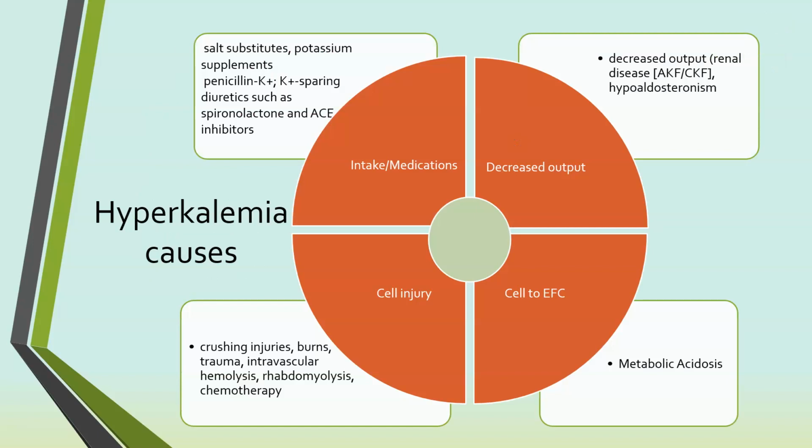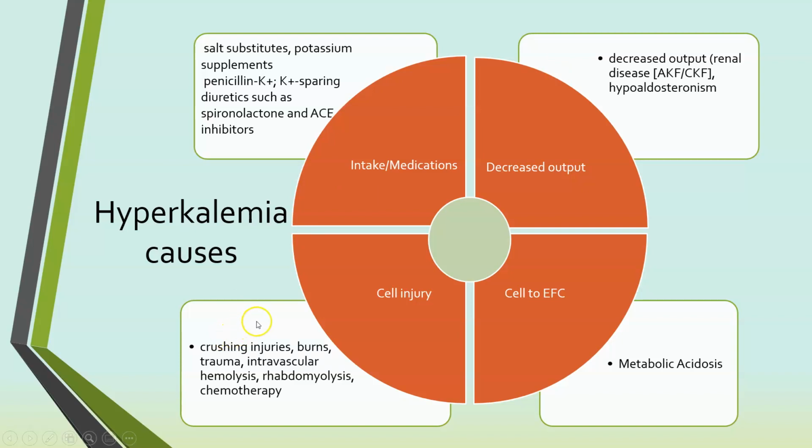Causes: intake of medications. We're looking at salt substitutes, potassium supplements, penicillin K, or K-sparing diuretics such as spironolactone and ACE inhibitors. Decreased output: renal disease, hypoaldosteronism.